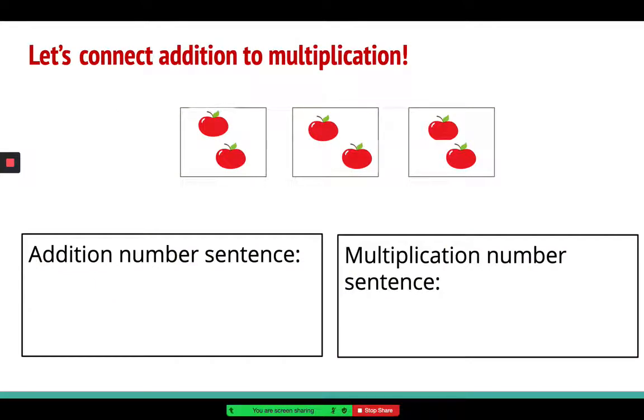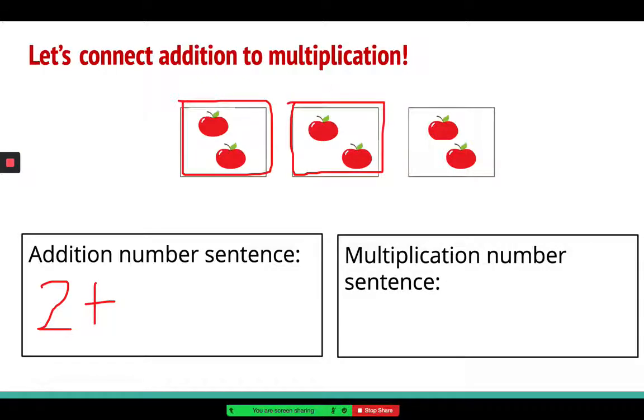So let's see how they're connected. I'm looking at these 3 groups. I'm going to first start by making an addition number sentence. First, I'm going to start with this group. How many apples are here? There are 2, so my first number should be 2 plus. Then I have to add another group of 2 because I'm seeing a second group in this model, so I'm putting a 2 there.